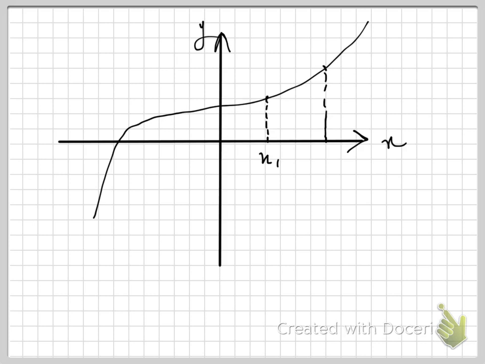So the other abscissa will be x1 plus h. And of course, since our function is named f, the ordinates will be respectively f of x1 and f of x1 plus h.